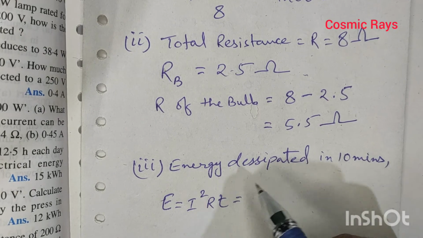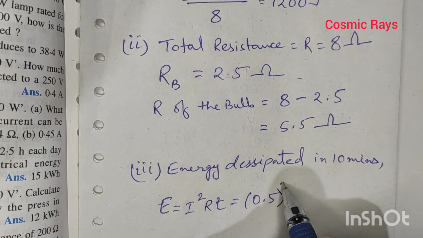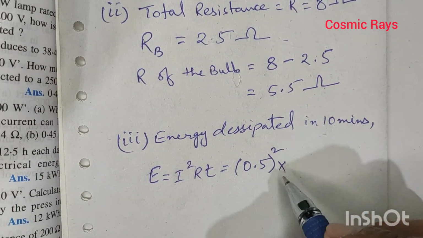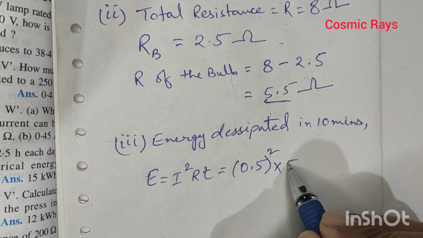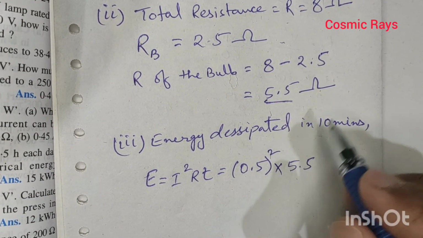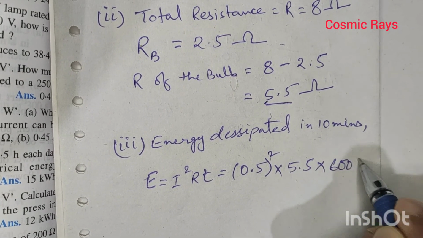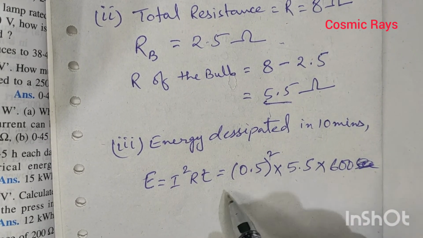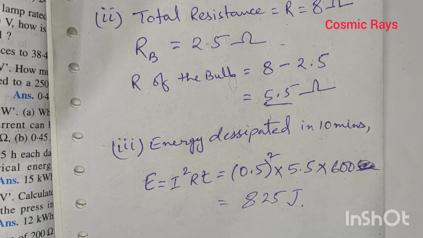I, that is the current, is given as 0.5 ampere, so square it, multiplied by R, that is for the bulb is 5.5, multiplied by the time, that is 600 seconds. So here this would come to 825 joules.